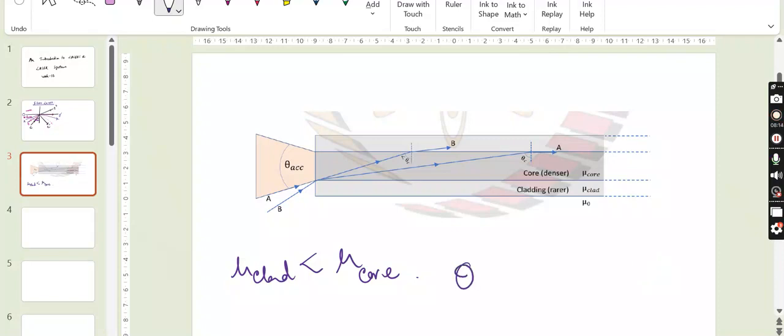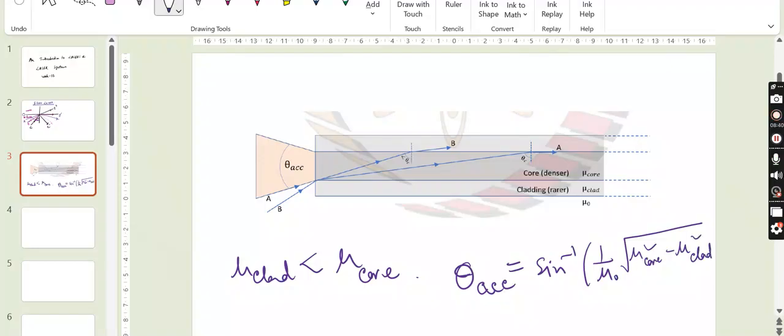The solution is theta accepted equals sin inverse of 1 by mu naught times the square root of mu core whole square minus mu clad whole square.